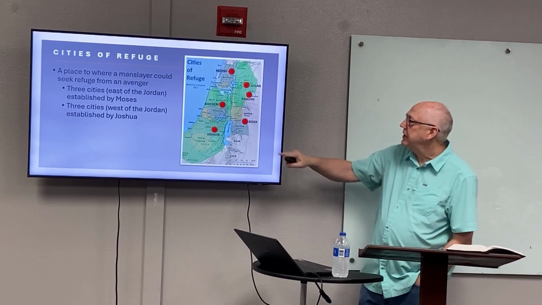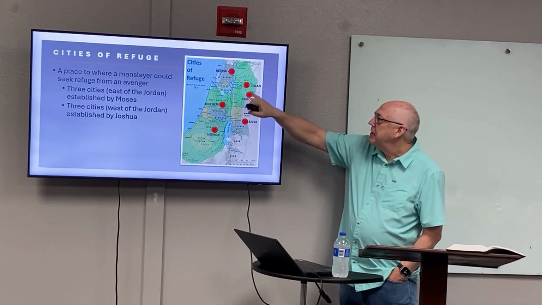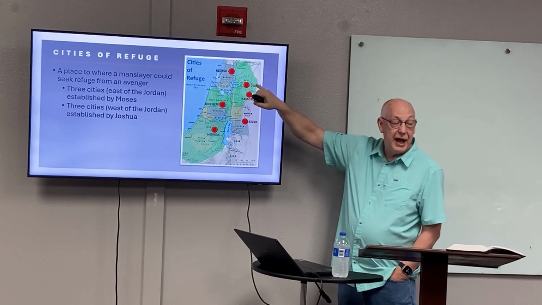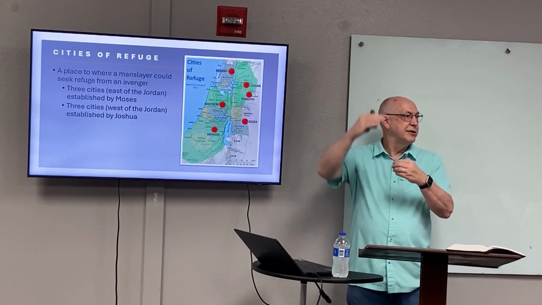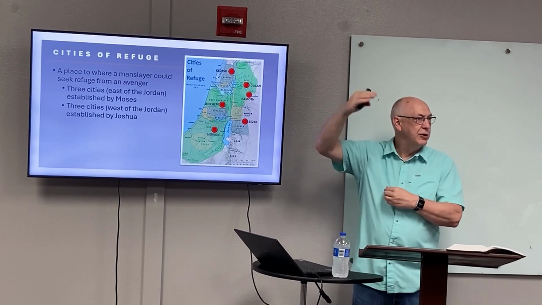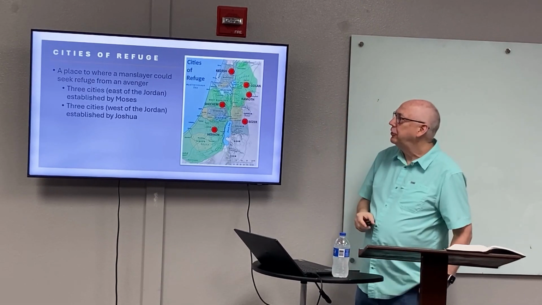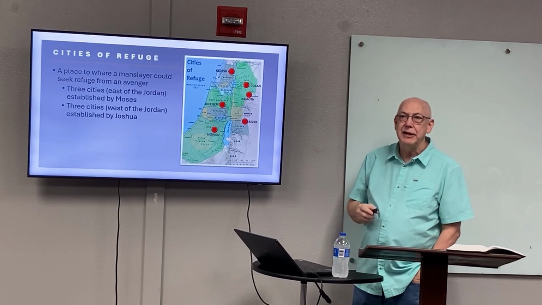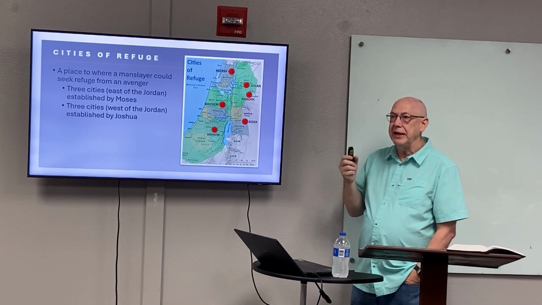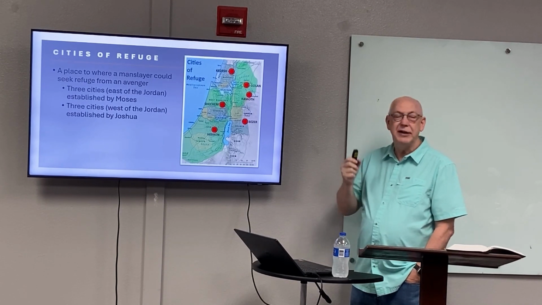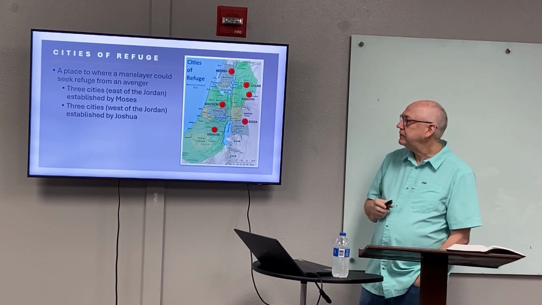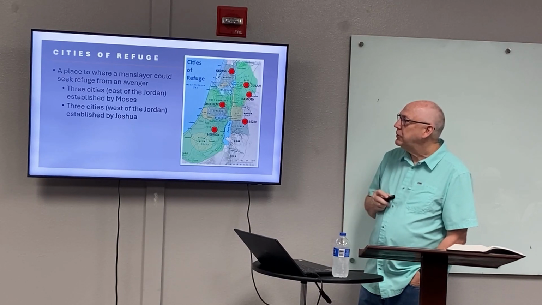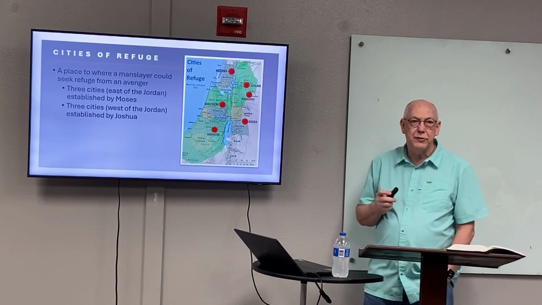And I would suppose that these are a little bit closer to each other, but I think like the Golan Heights, this is a higher area, so maybe they're closer because the terrain is more difficult to get to. I'm not sure about that, I'm just speculating, but the idea was that they are to be evenly accessible throughout the land, or relatively accessible. So those were the cities that were designated as cities of refuge.